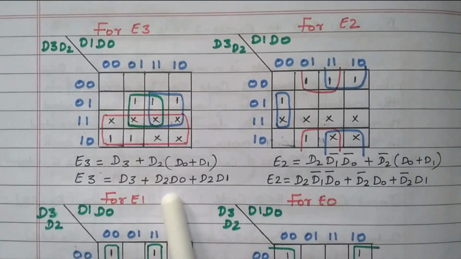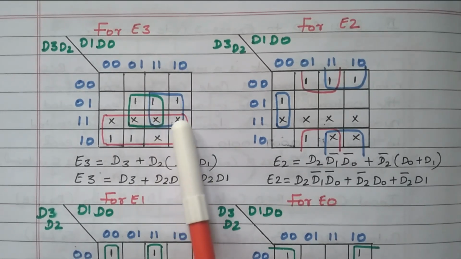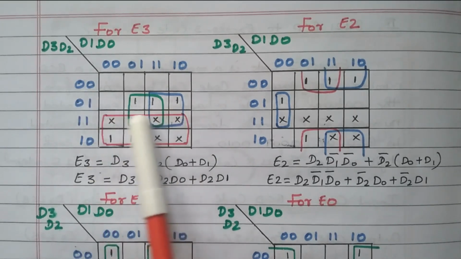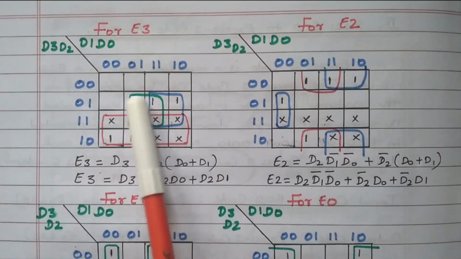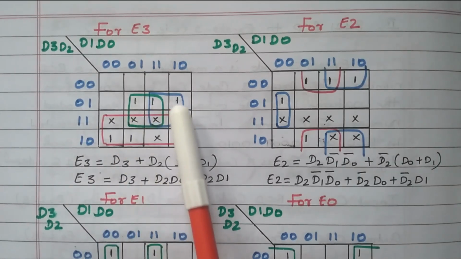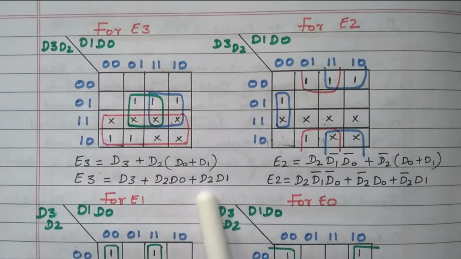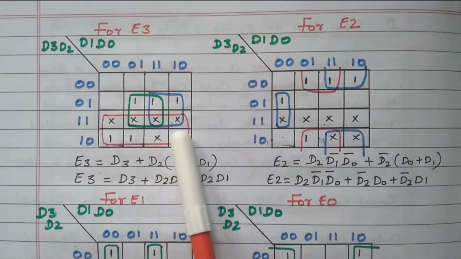So by grouping these 4 cells, the green color, we got D2 D0. Now we'll go to the grouping of these 4 cells represented by the blue color. Again similarly we refer to the second row and third row, so we got D2, the same thing. Only the third column and fourth column differ.